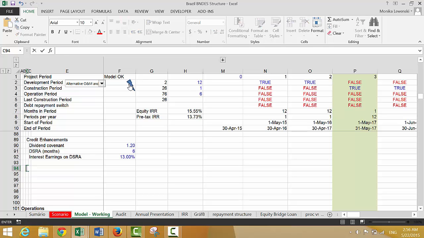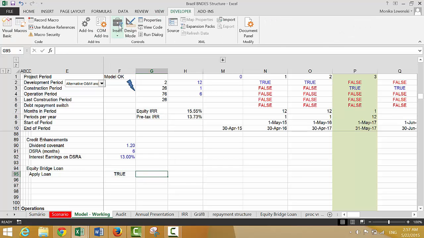So let's put an equity bridge loan, and let's put apply loan. So we'll be able to either include it or exclude it, and we'll just use the regular old true, and we'll go to our little and we put equity.